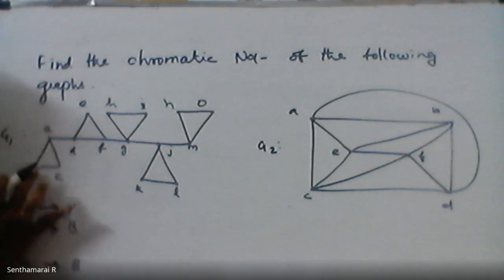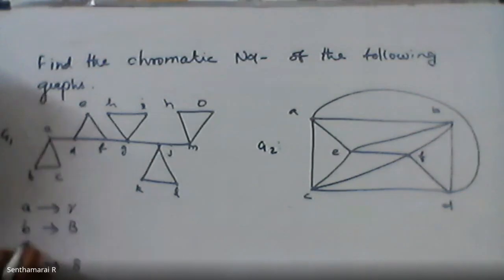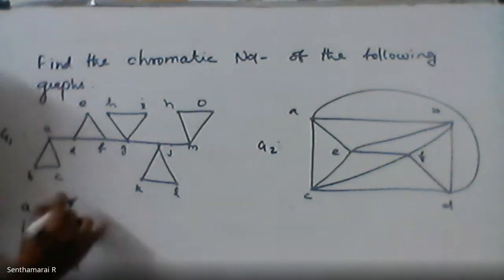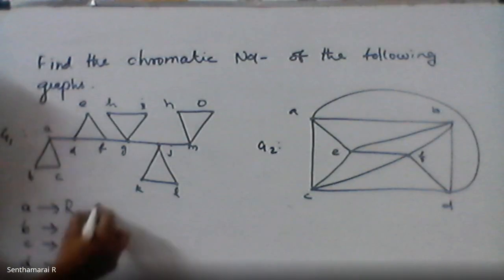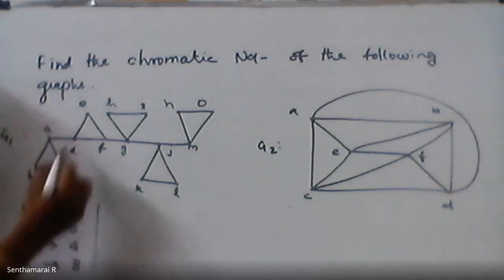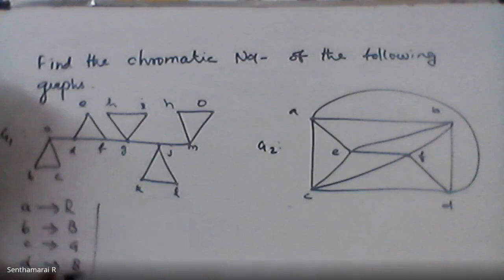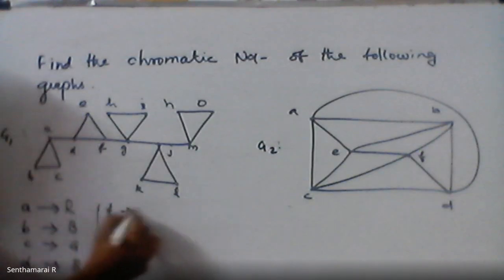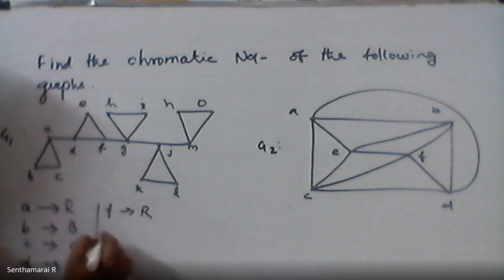Because C is connected to both red and blue. Colors I write with capital letters. F is connected to B, but not connected to red, so I can give F red color.